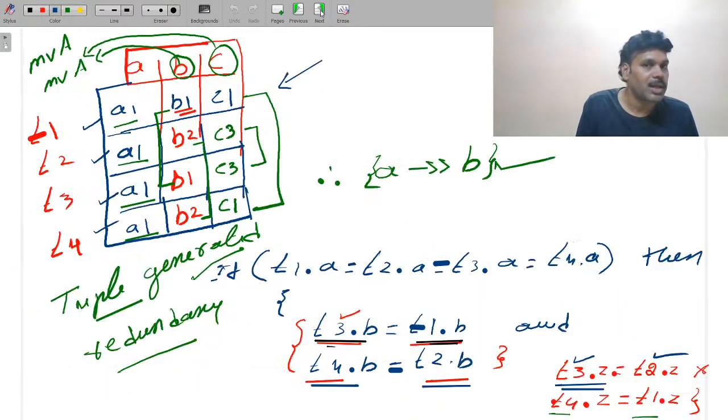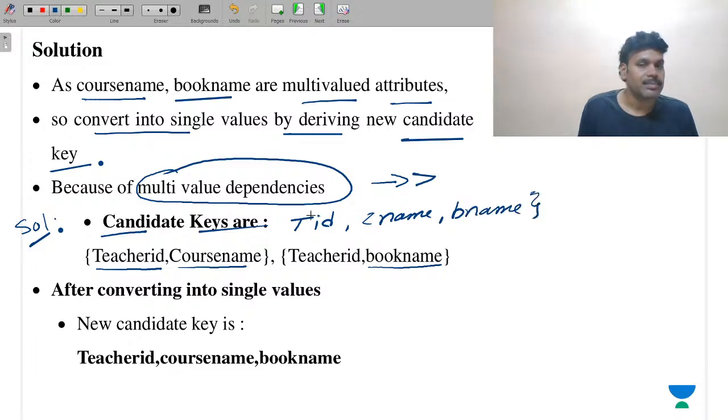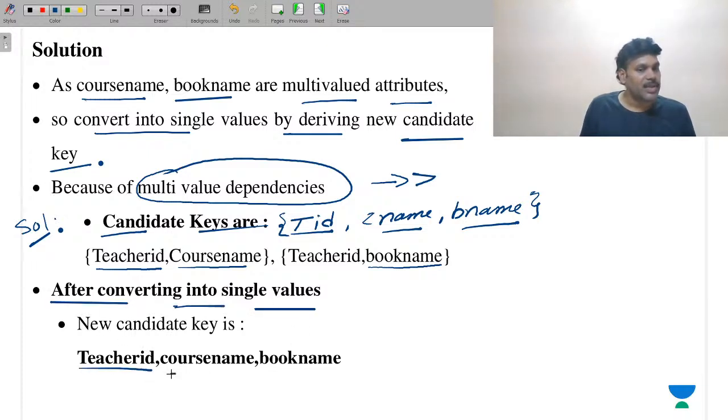Therefore, your new candidate key is teacher ID, course name, and book name. So we combine all together to say that it is a candidate key. Please observe, friends, after converting them into single values, your new candidate key is all three attributes together.